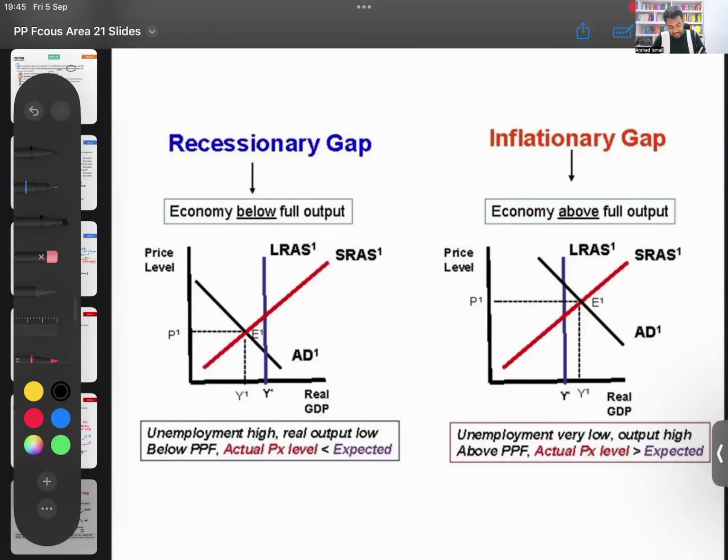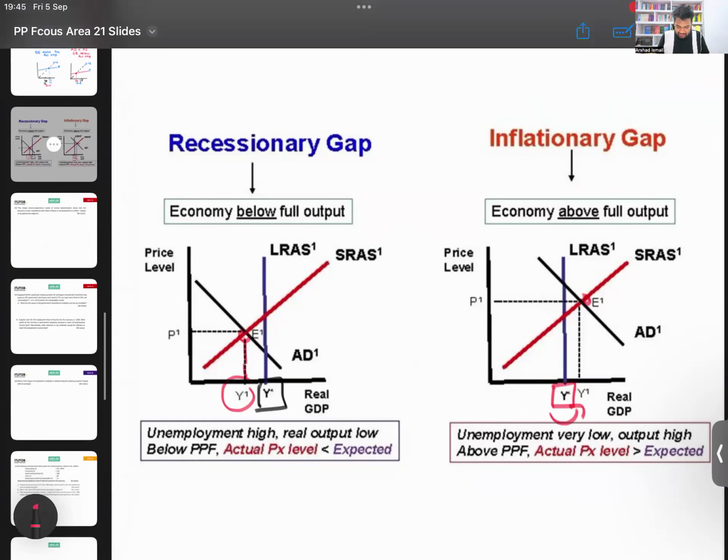Here, let's say your full employment level of output is y, and you're at equilibrium at y1, you're at equilibrium below full employment. That's a recessionary gap. Let's say your full employment level is y, and you're at equilibrium above that, then that's an inflationary output gap. That is how you show recessionary and inflationary gaps using the aggregate demand and aggregate supply curves. Okay.